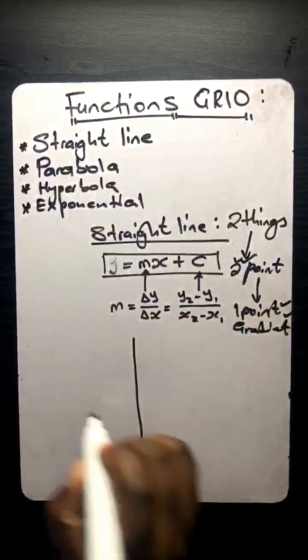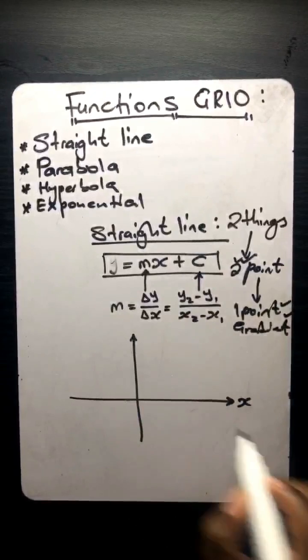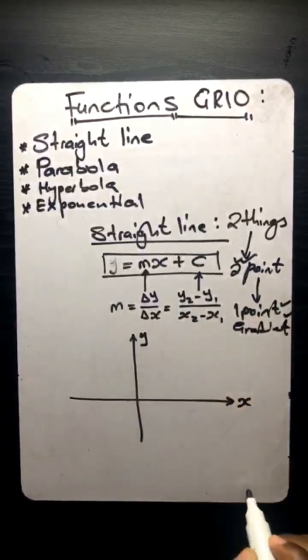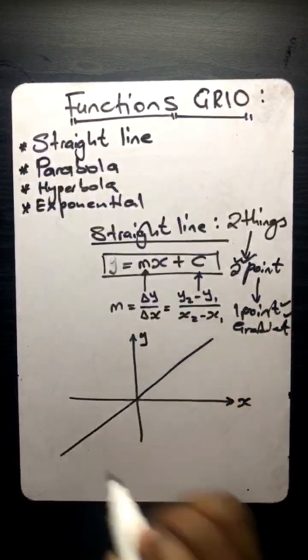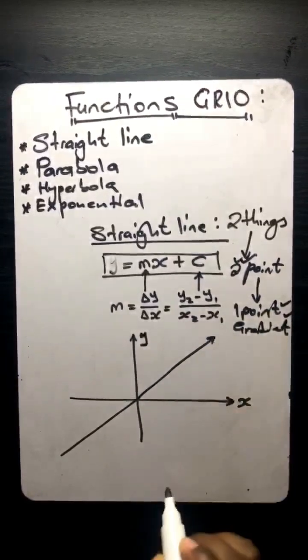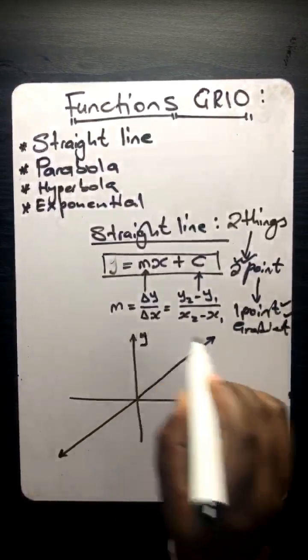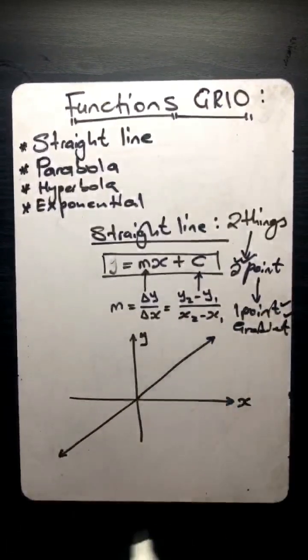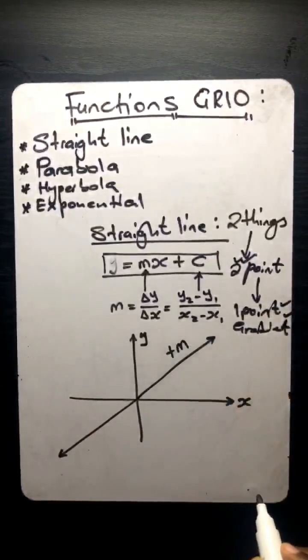So on a Cartesian plane, you have your x, you have your y. Initially, we had a straight line passing through the origin, ending in the first quadrant and the third quadrant. We know that when your straight line ends in the first and the third quadrant, it always has a positive gradient.